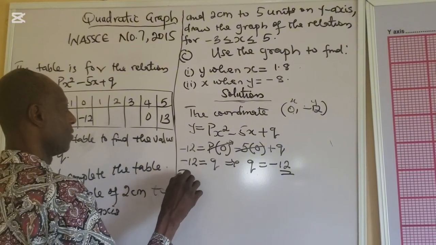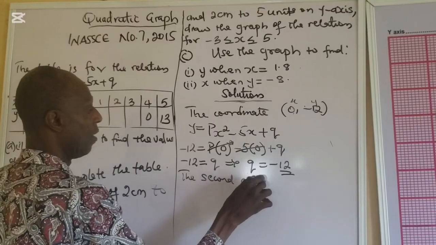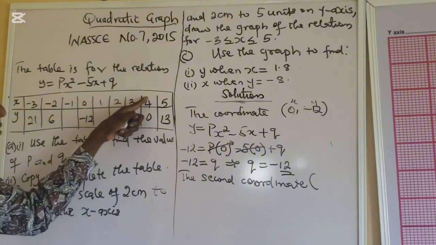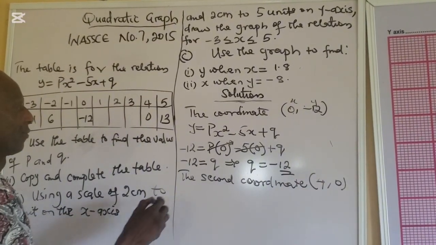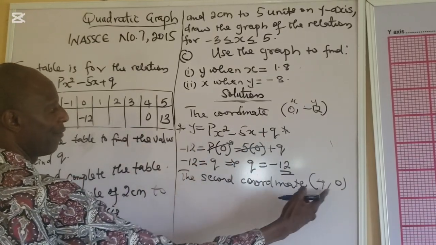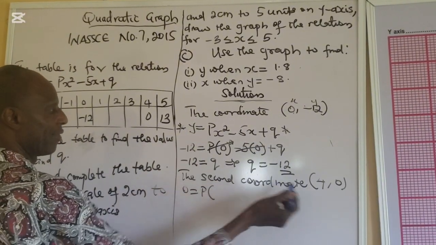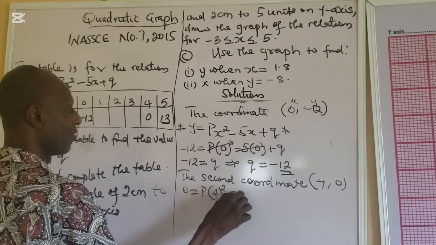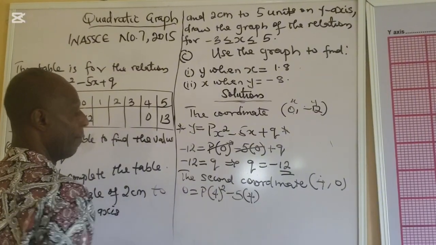Okay, the second coordinate is when x is 4 and y is 0. So therefore, I'll put it also in this expression. So y is 0, I'm now saying 0 is equal to p bracket x is now 4 all squared minus 5 times x again, which is the same 4, plus q.